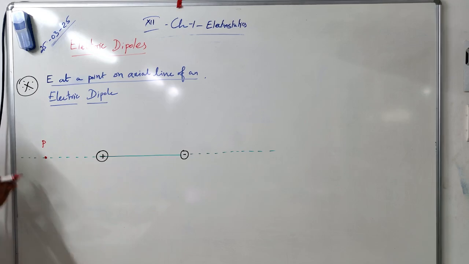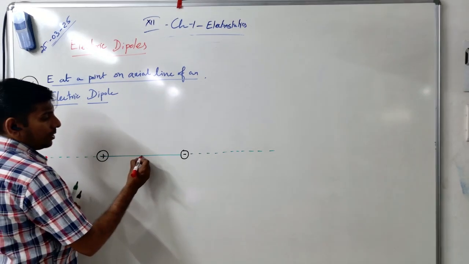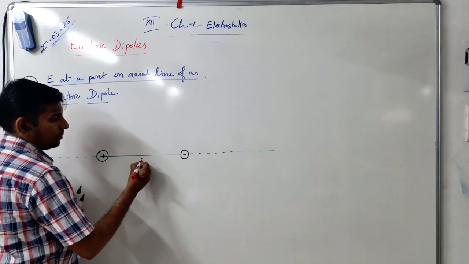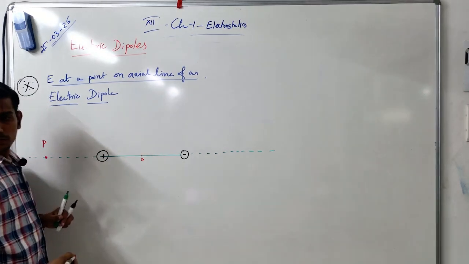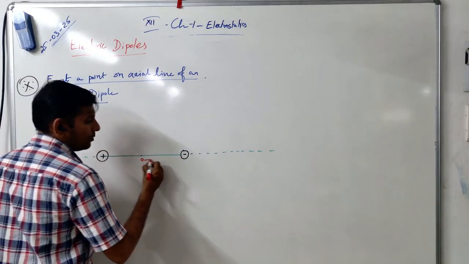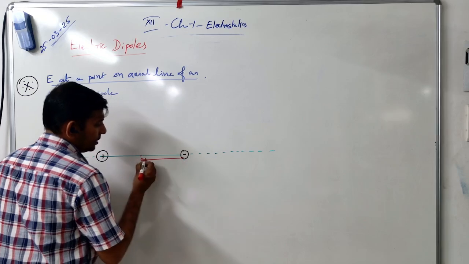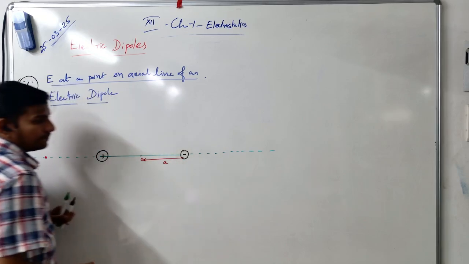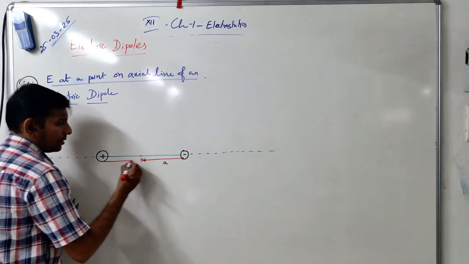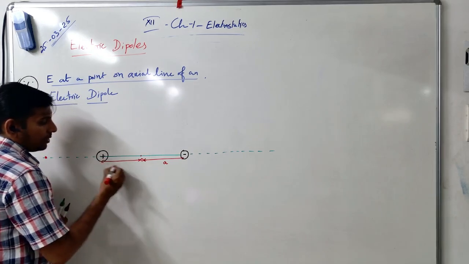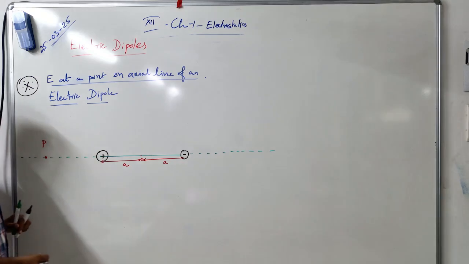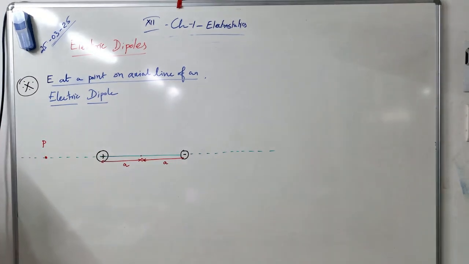Now I'm going to name this entire system. The center of the dipole is called the origin O. From the center, you walk towards the right hand side. This distance is taken as A. Left hand side, you walk. This distance is taken as A. Agreed?